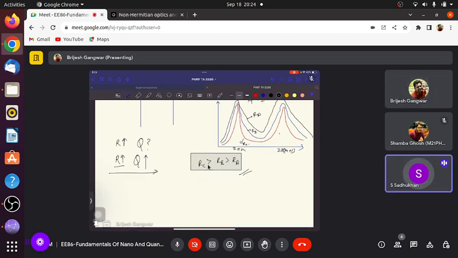Which of the cavities was given? Delta omega is equal to 1 by tau cavity or something like that.